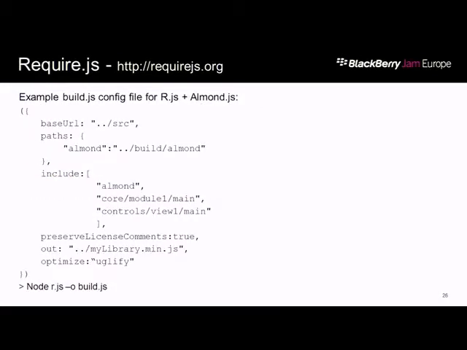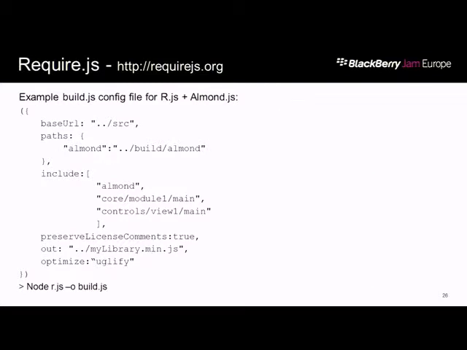So here's an example of a build.js config for r.js, which is the optimizer that combines all the files, and Almond.js, which is your optimizer that removes the requirement for Require.js. So you're just passing in where your source code is.